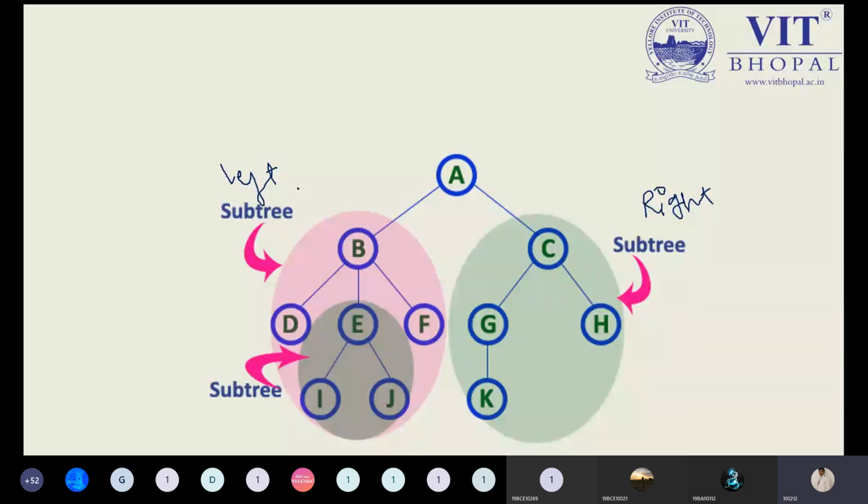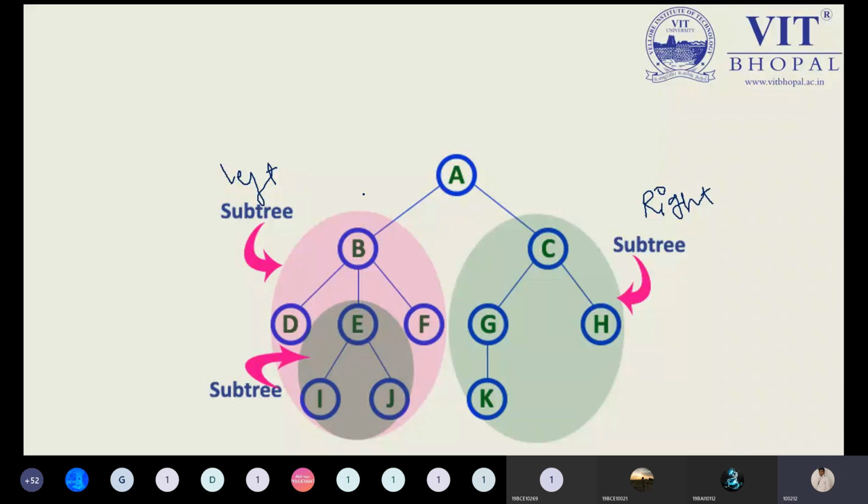The left subtree and right subtree concept you will see in the binary tree, but right now we have the general tree, so it can have many branches. Please keep in mind that a normal or general tree can have many branches. Here B is the parent of D, E, F. But in the case of a binary tree, only two nodes are applicable, a left node or a right node, or two subtrees, the left subtree or the right subtree. Here we could add another subtree, so we can't say left subtree or right subtree.